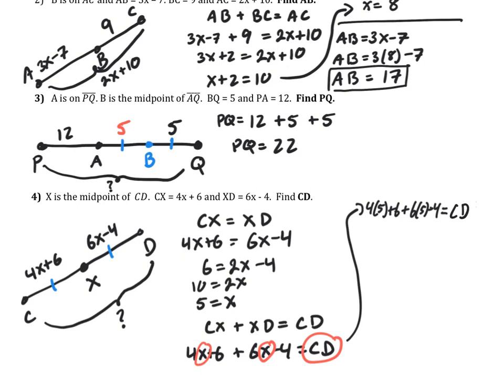And we can go ahead and calculate that real quick. So we're eventually going to get that 52 equals CD, or CD equals 52 as our final answer.